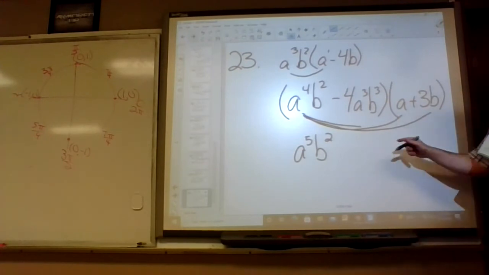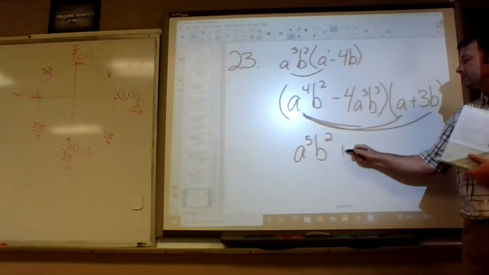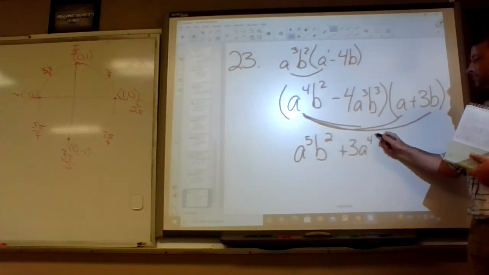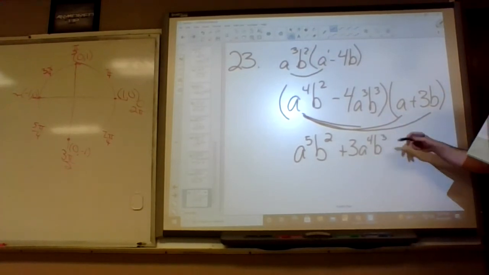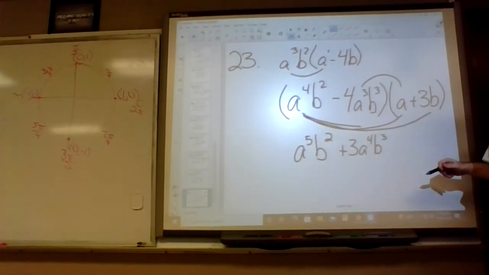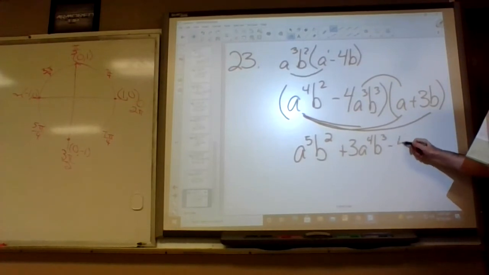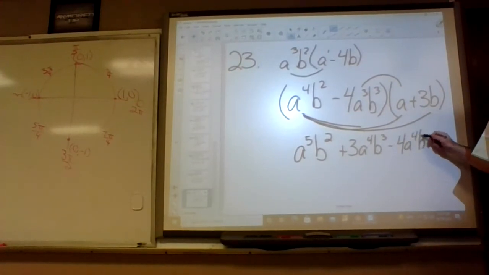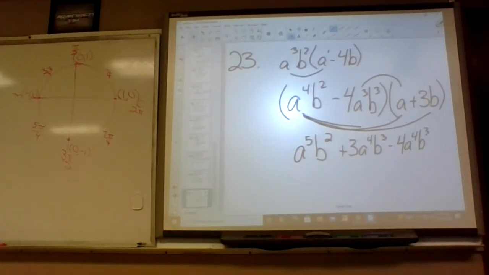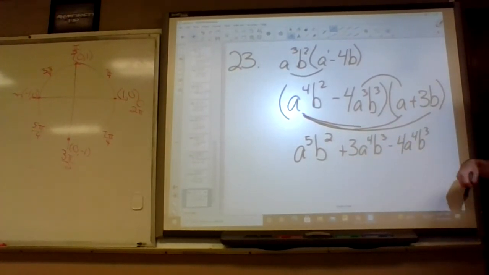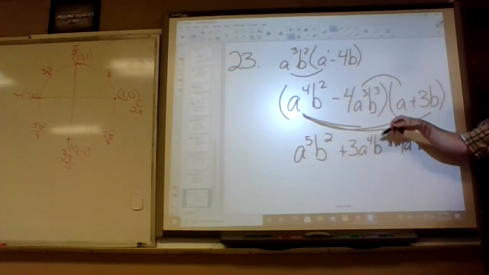It'd be 3A to the fourth B cubed. And then what would the inside be? Negative 4A cubed B cubed.